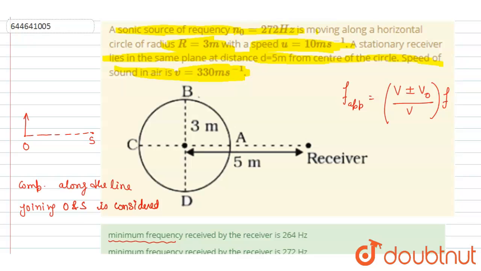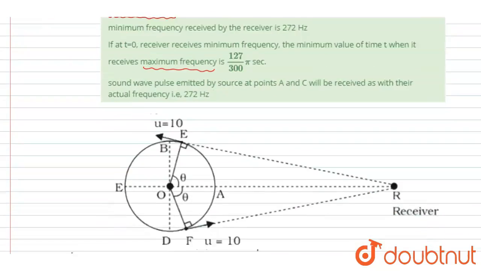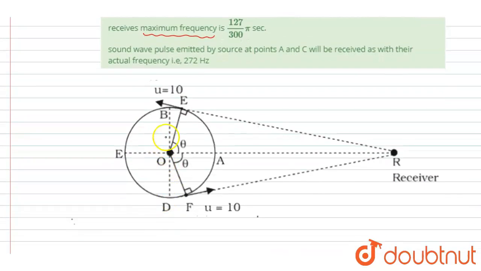Now it is moving on a circle. So the effect will be maximum when the velocity is along the line joining the observer and the source, like this. When it is directed toward, it will be maximum, and when it is directed away, it will be minimum.